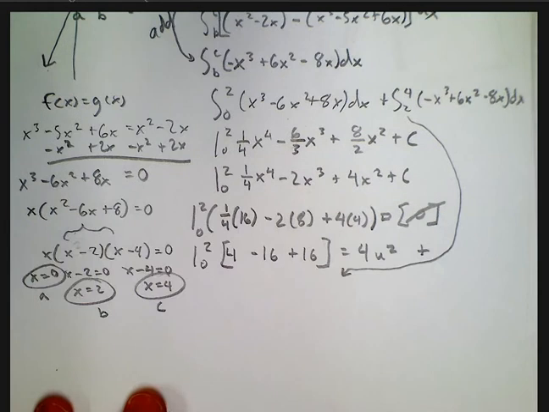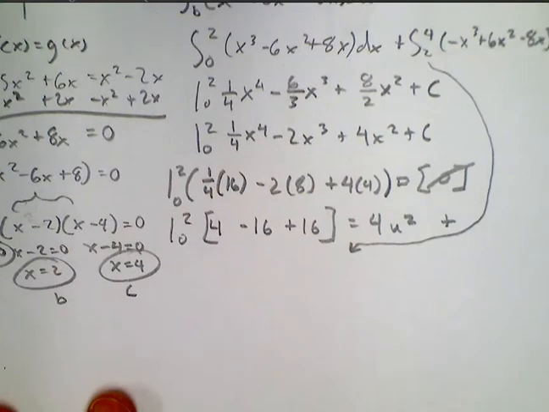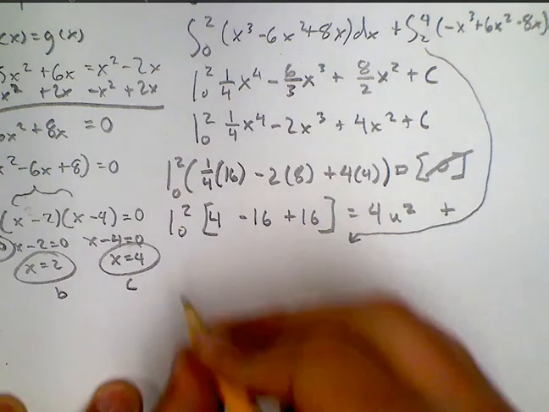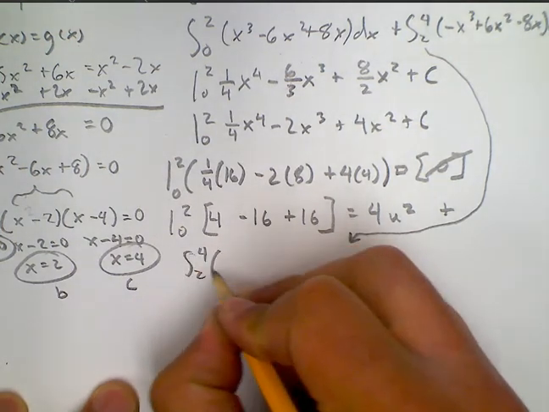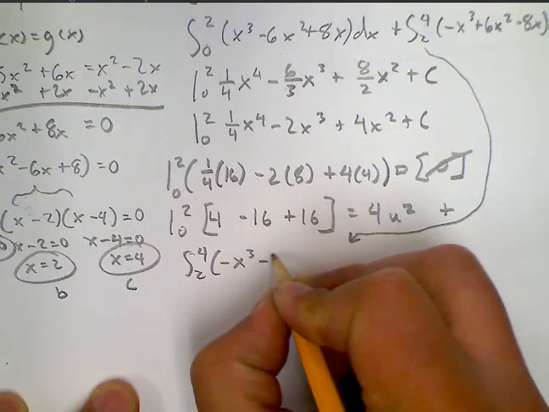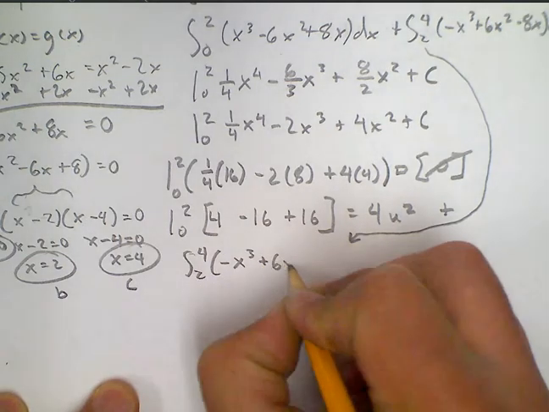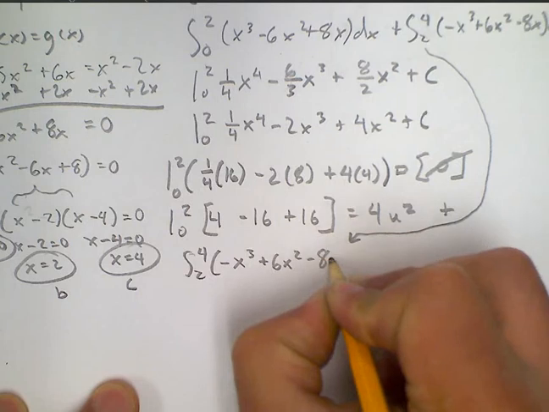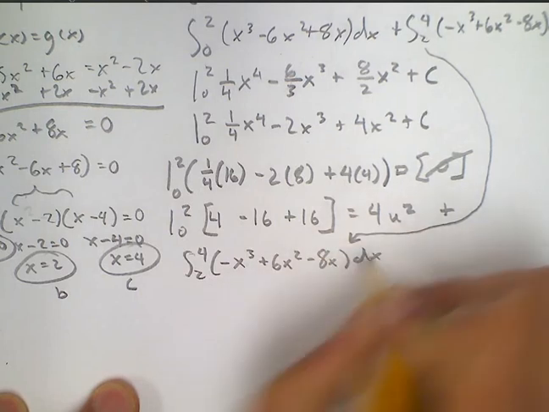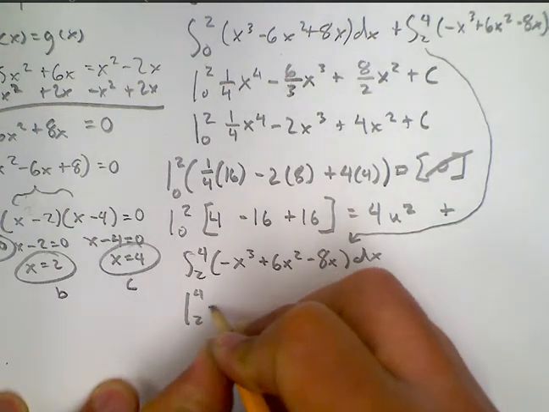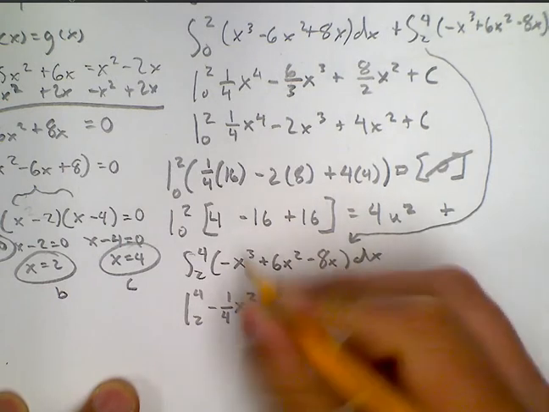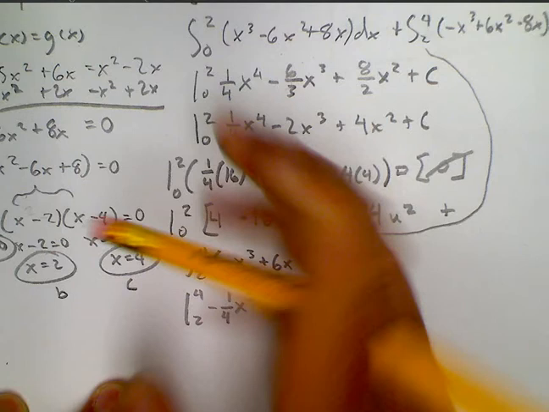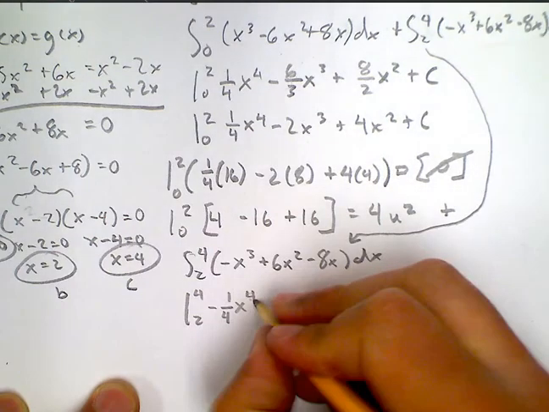I'm running out of room. Now I integrate from 2 to 4, the other one. I'm skipping right to it.